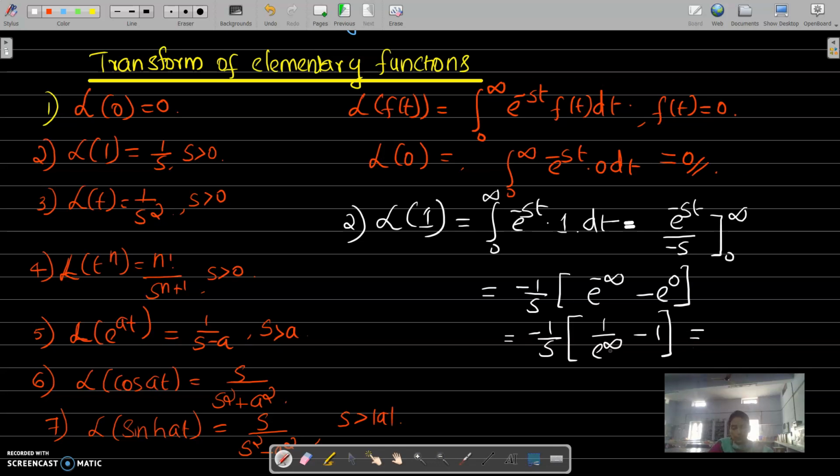Clearly, what is e raised to infinity? e raised to t is an increasing function, so e raised to infinity is actually infinity. So 1 by infinity in turn goes to 0. So minus 1 by s into 0 minus 1, which is equal to 1 by s, where s is greater than 0.